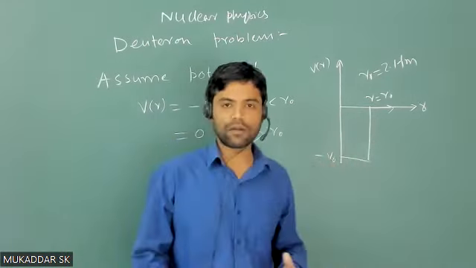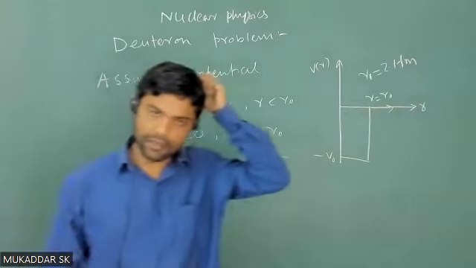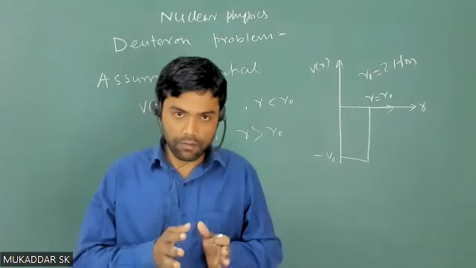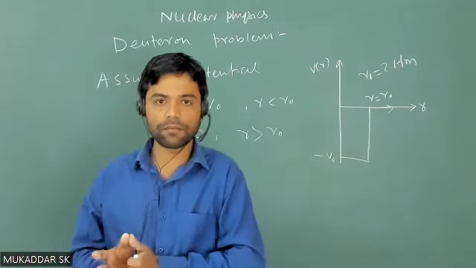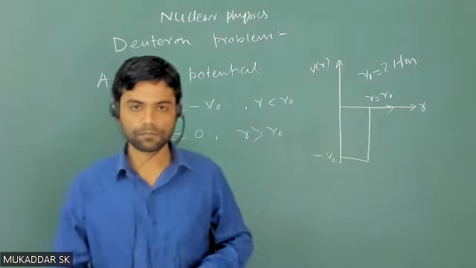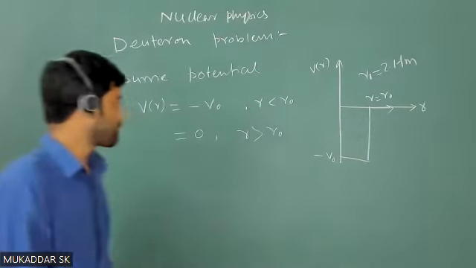Again, this is an assumed, simplified potential, because a square well potential is very easy to handle. I am taking this as a centralized potential, but I am not saying that nuclear force is actually a central force. You are assuming the potential is centralized, but nuclear force is not a central force.